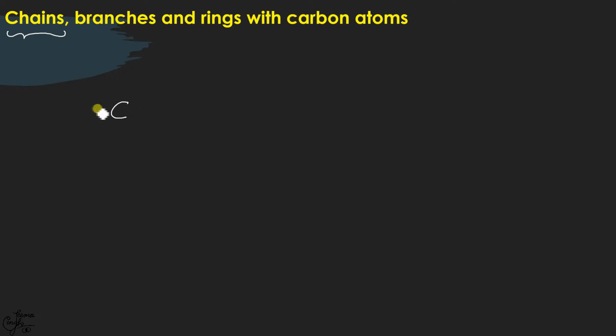Suppose your carbon atoms are arranged like this. We say they are arranged in a straight chain or a continuous chain. What does that mean? If your carbon is bonded to two more carbon atoms, not more than two carbon atoms, we say it is in a chain format. Look here.